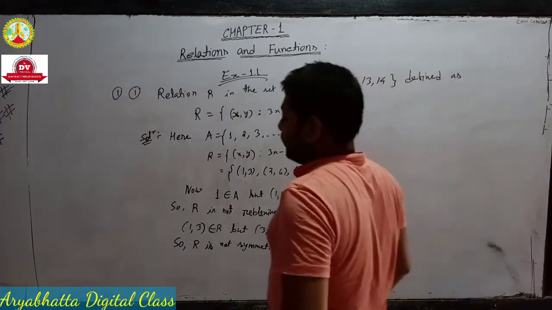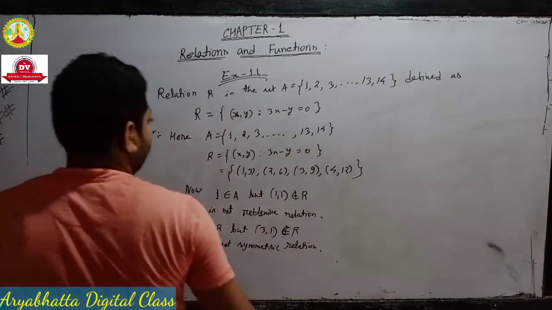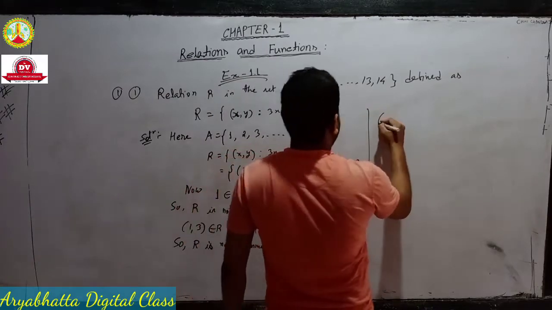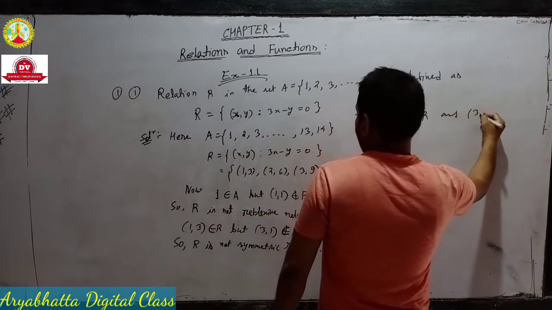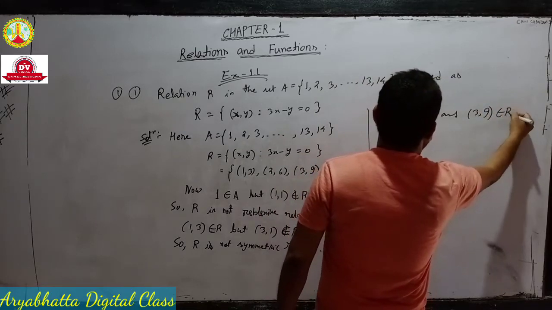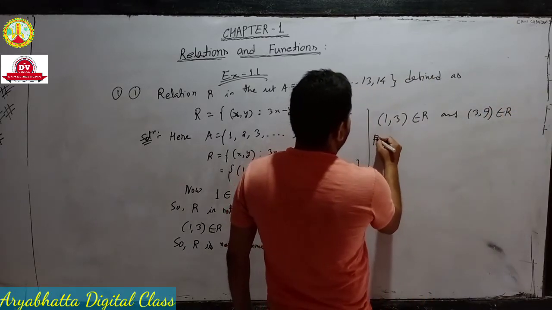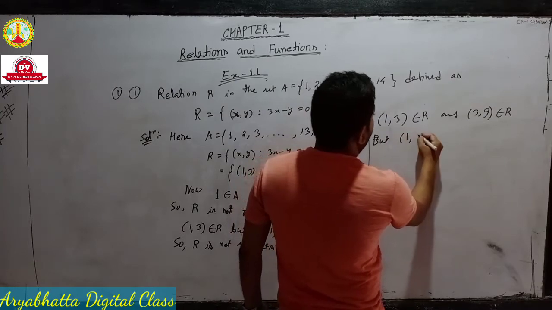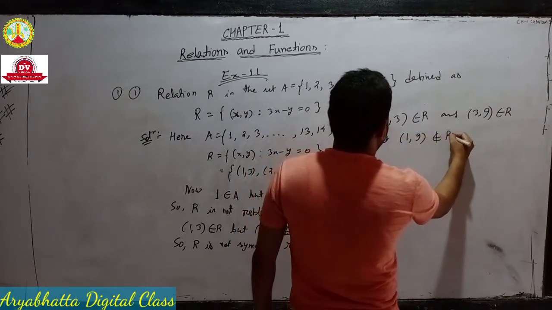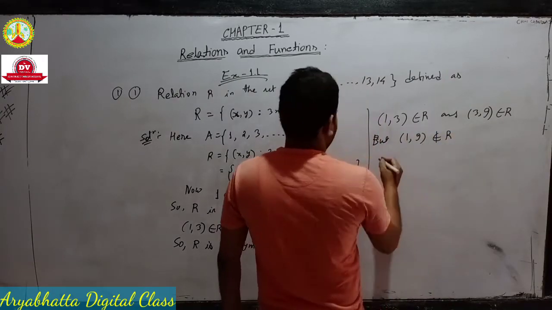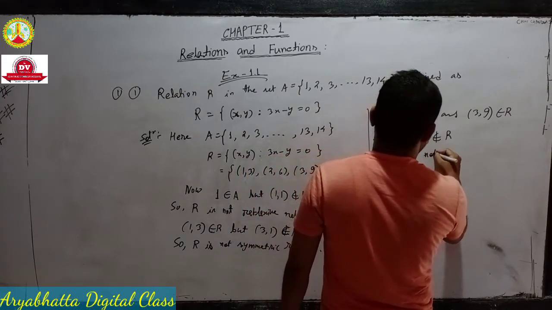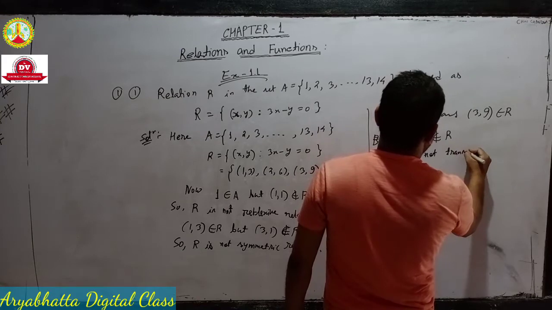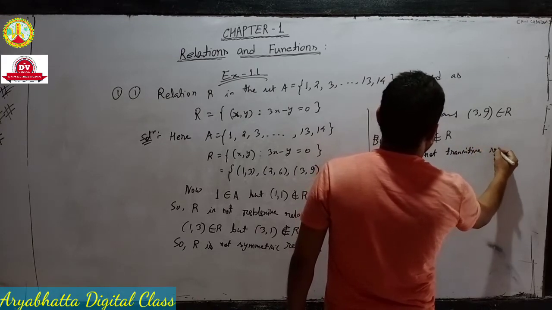Here (1, 3) belongs to R and (3, 9) belongs to R, but (1, 9) does not belong to relation R. Therefore R is not a transitive relation.